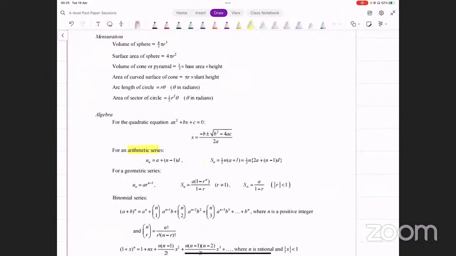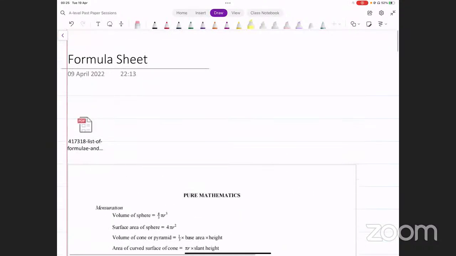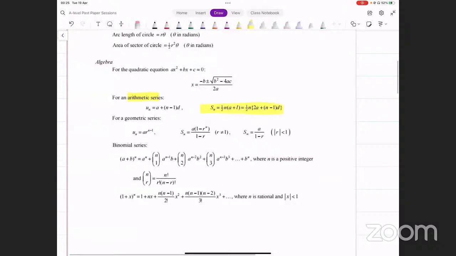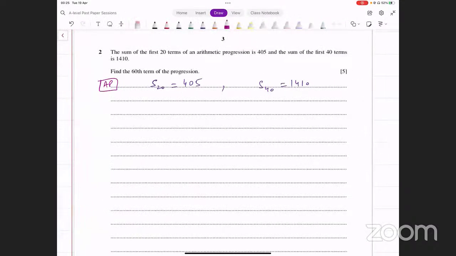This is an AP. ये sum के formulas हैं. 2 formulas possible हैं. एक में last term आ रही होती है, एक में last term नहीं आ रही होती. हमें last term नहीं पता तो हम last term वाला नहीं use करेंगे. हम n over 2 वाला 2a plus n minus 1 into d वाला formula use करेंगे, which is the second one written here. ठीक है, because हमें last term नहीं पता, वो हम नहीं use कर सकते इसलिए.